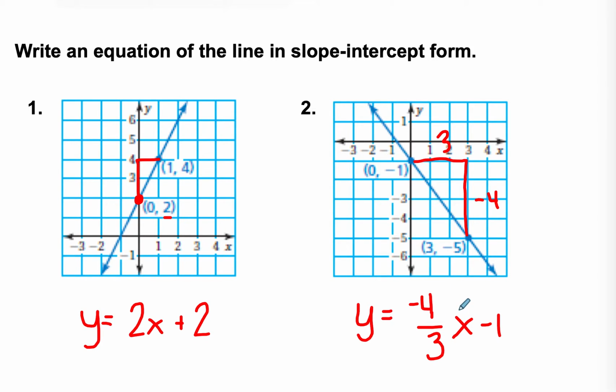That's the value in front of the x. Then we look to see where the line hits the y-axis. It hits at (0, -1). That value is our y-intercept. I could write plus -1, but I don't really need to write plus negative. I can just write -1. It means the same thing. So our equation is y equals -4/3 x minus 1.